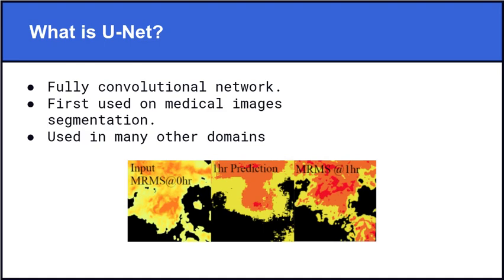These results inspired researchers to extend it to other tasks in computer vision and use it on other types of image data. So in 2020, a research group from Google used a UNet-based architecture to create a model that does precipitation forecasting. So this goes to show that UNet is a very powerful architecture and has a lot of potential to achieve good results in a lot of tasks.